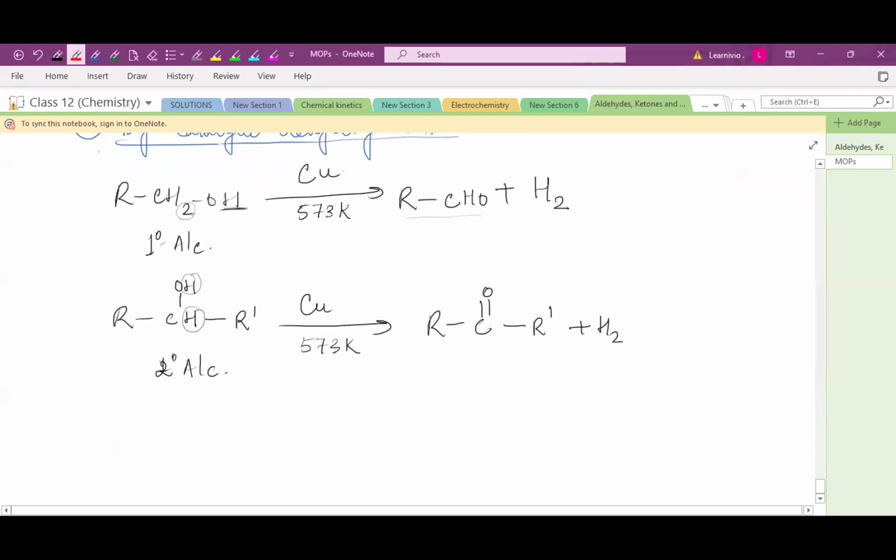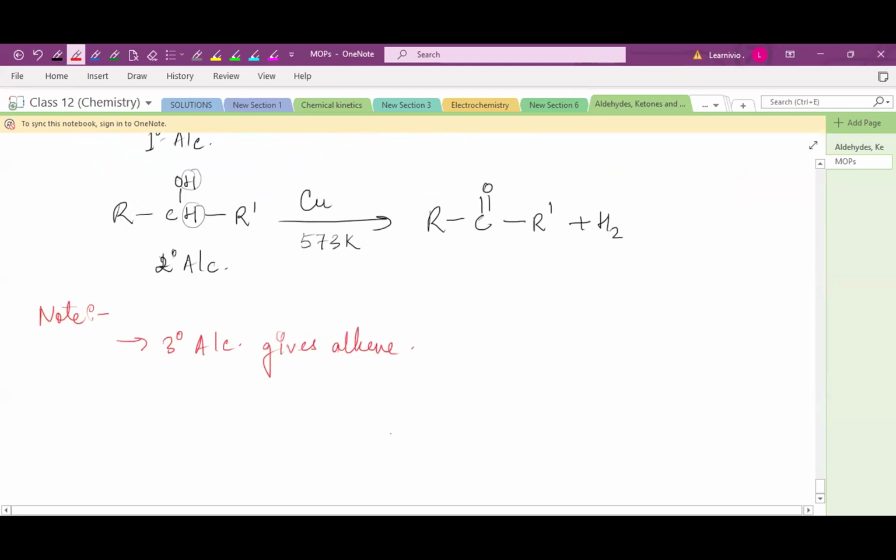Because we are just doing the preparative methods of your aldehyde as well as ketone, we will not discuss the preparation of alkene over here. But remember, tertiary alcohol on catalytic dehydrogenation will give you an alkene, because in the tertiary alcohol there are more alkyl groups, and alkyl groups hinder the reaction.